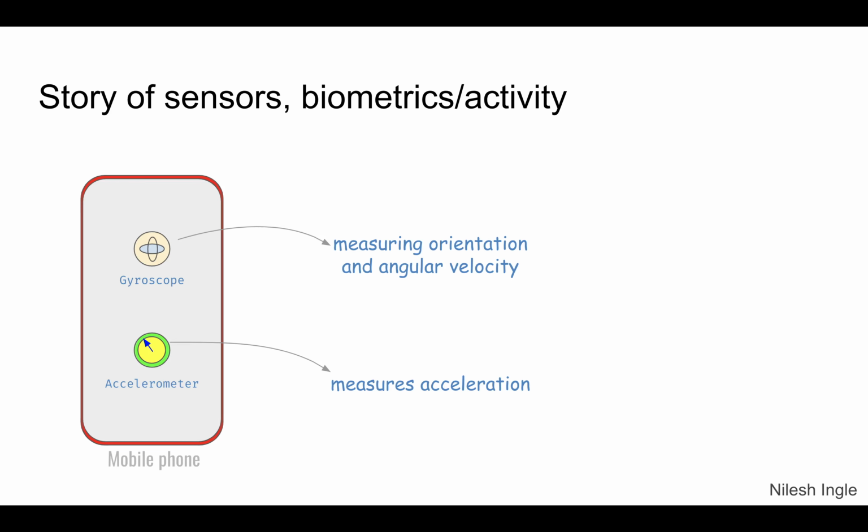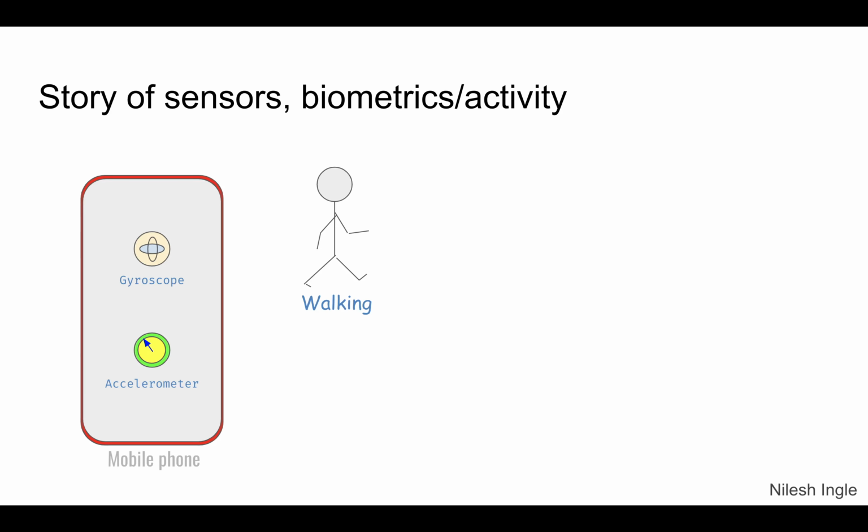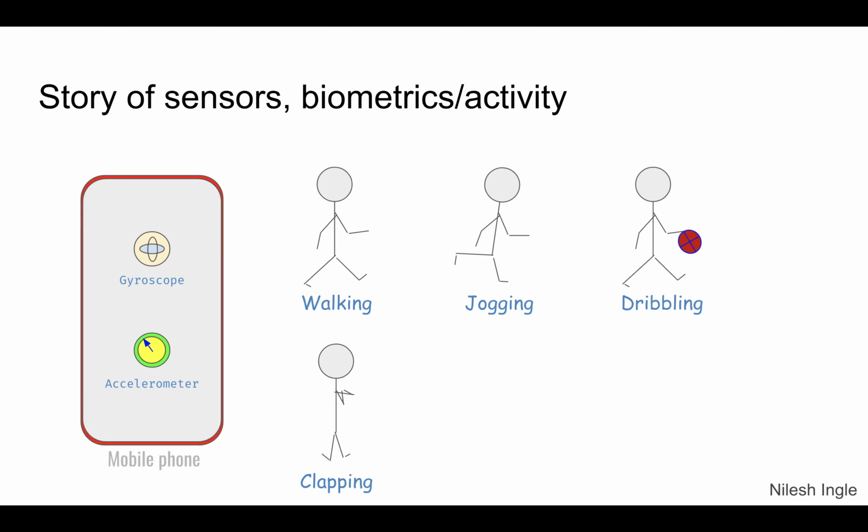In this video we are going to look at whether the activity is walking, jogging, dribbling basketball, clapping, or folding clothes. As we do some visualizations, you'll see that most of these activities have x, y, and z coordinates measured.